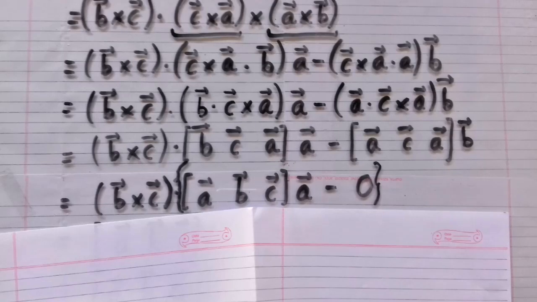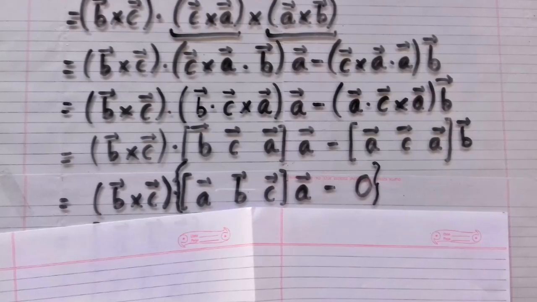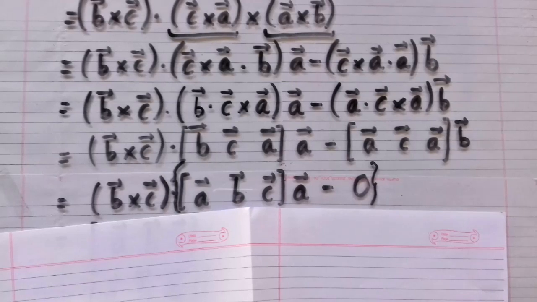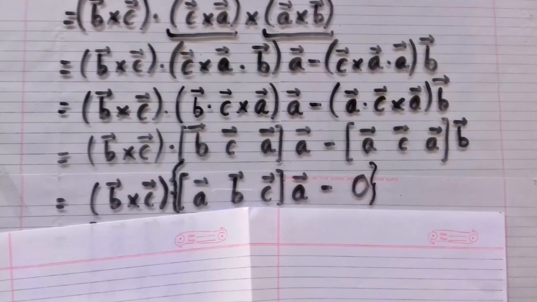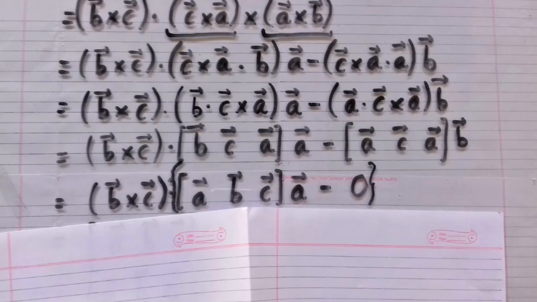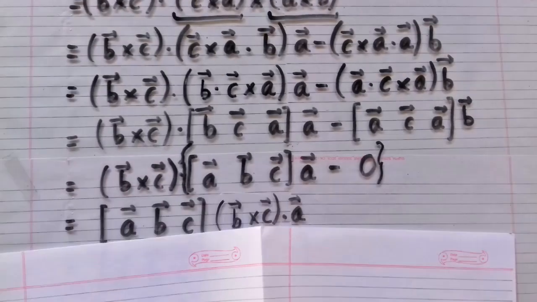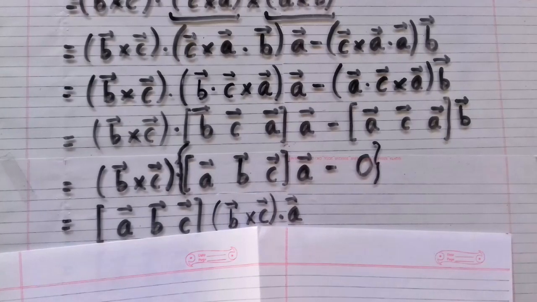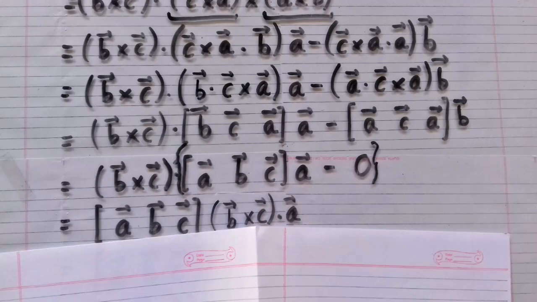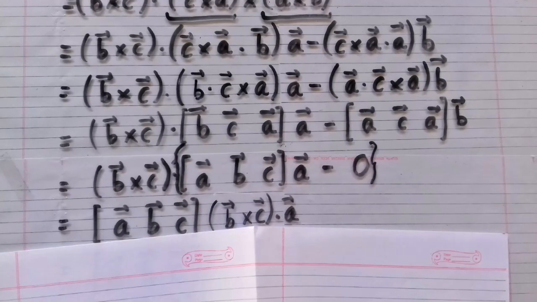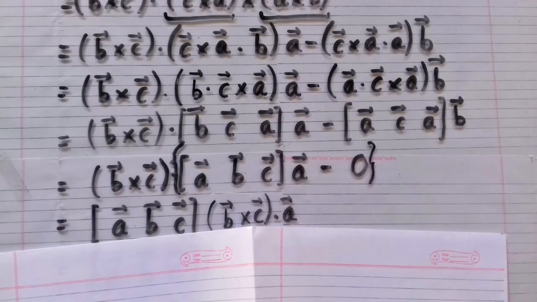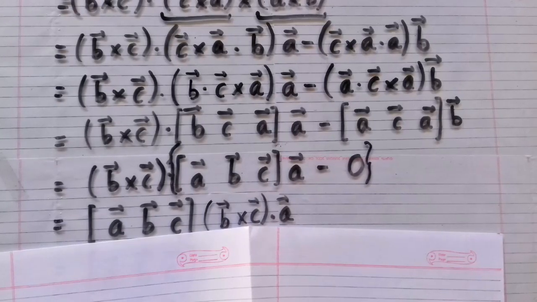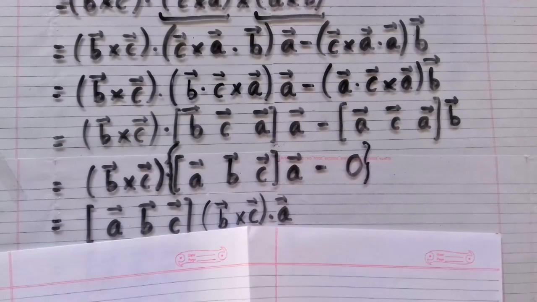And for the scalar triple product of a vector, c vector and a vector, we can write this equaling 0, because we read that if any two vectors are same, their scalar triple product is 0. And the scalar triple product of a vector, b vector and c vector is a scalar, so we can treat this as a constant and take it to the front and do the dot product of the remaining, which also gives another scalar triple product of a vector, b vector and c vector.